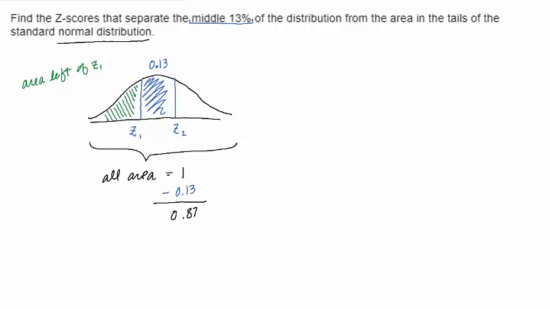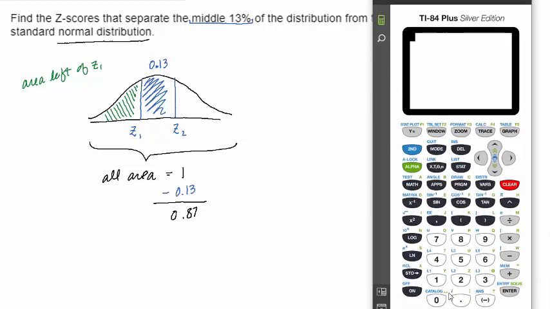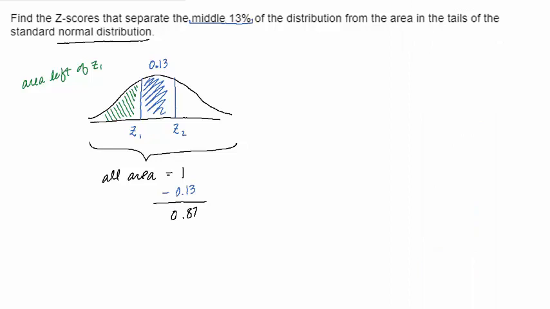Let's make sure I didn't make a silly error. Yeah, 0.87. So that's the area that's not between the two z values, and then we have to divide that by 2 because it's in two tails. It's symmetric, right? So half of the 0.87 should be to the left of z1 and the other half will be to the right of z2.